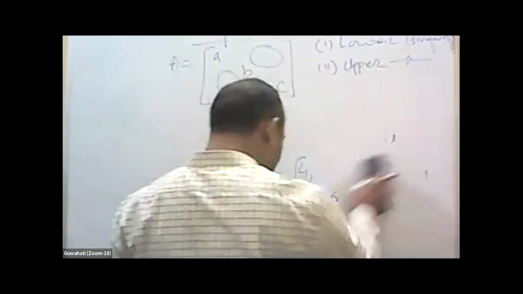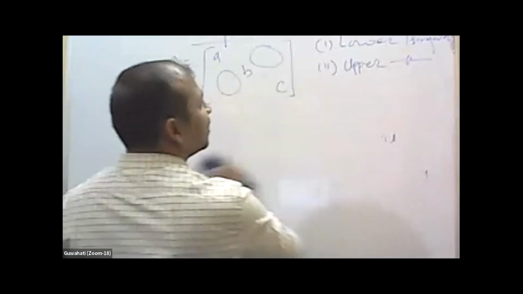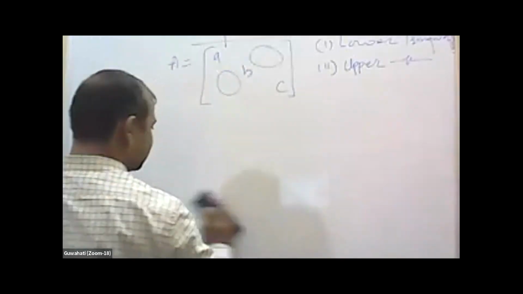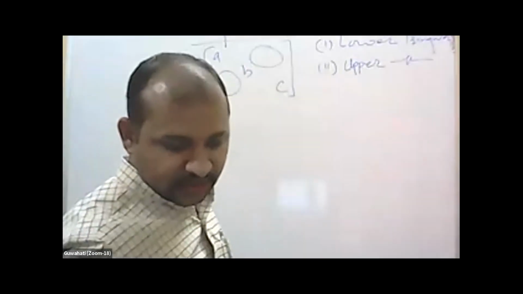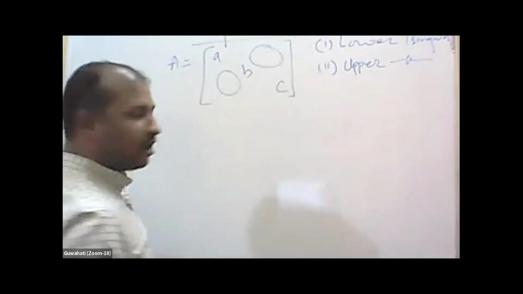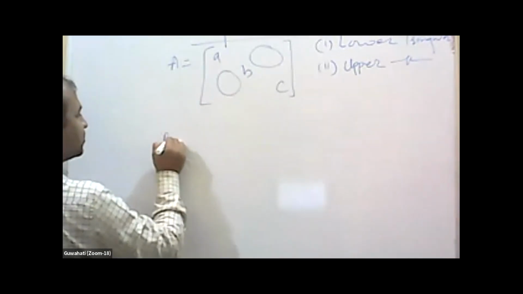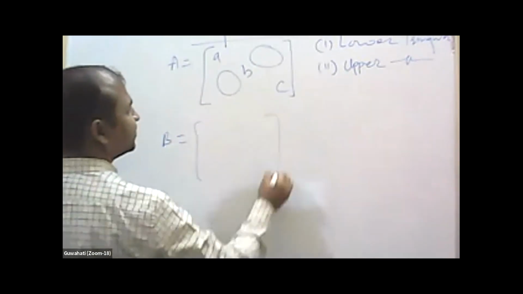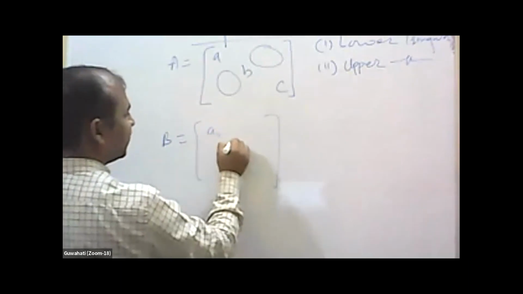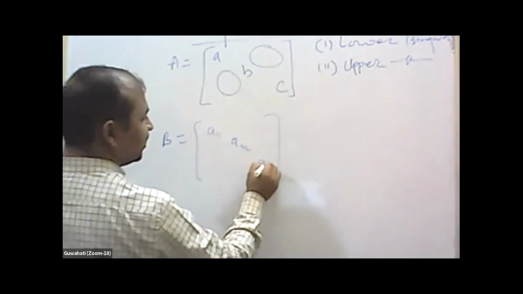If a matrix is like this, a square matrix A is said to be a lower triangular matrix if everything below the diagonal is 0. Suppose this is a matrix, say A11, A22, A33.